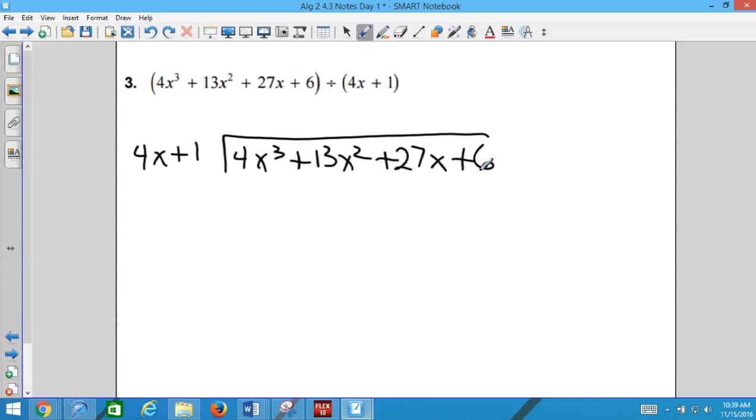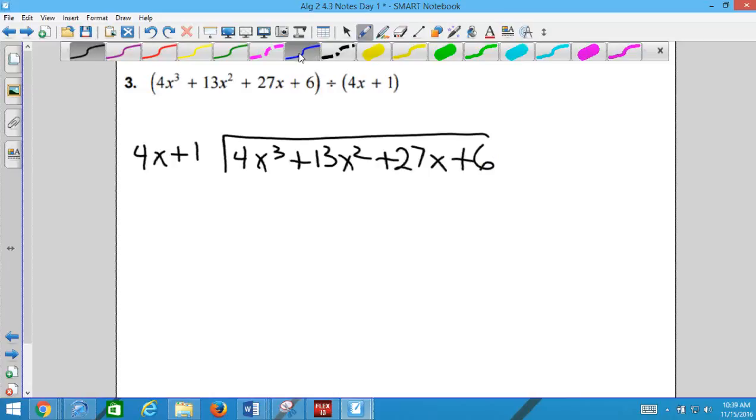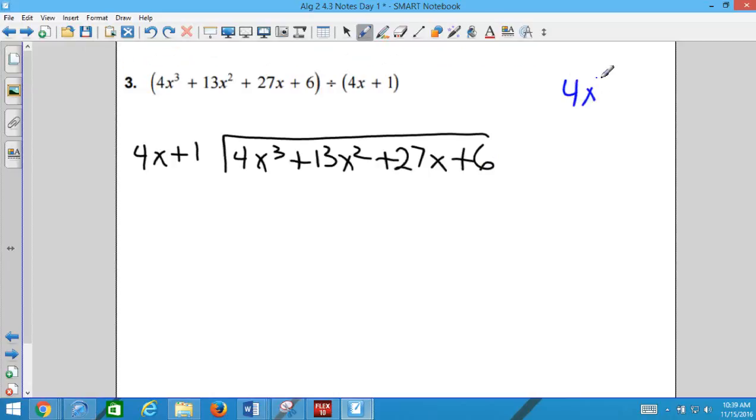How many times does 4x go into 4x cubed? If you don't know how to start, then write them on top of each other. 4x cubed divided by 4x. What do I get there? Right, the 4's cancel, and one of the x's cancel, so I get x squared.